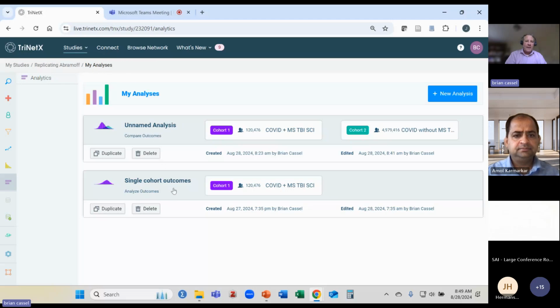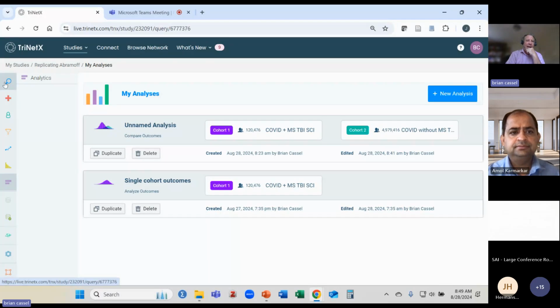And this one is the one I had done before of the single cohort outcomes. I can duplicate these, I can delete them, I can manipulate them a little bit here. But again, I have an umbrella study that has multiple cohorts I can do things with, and I can have multiple analyses that use different cohorts that I created in those queries.